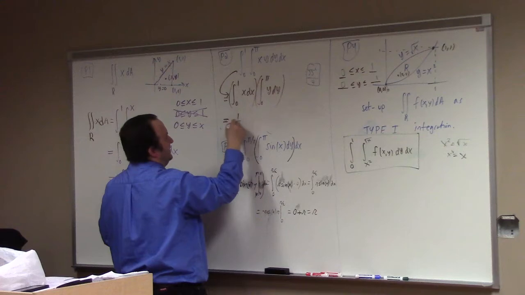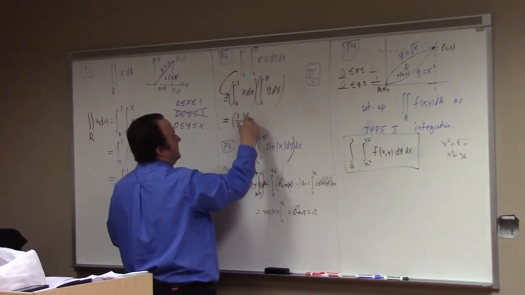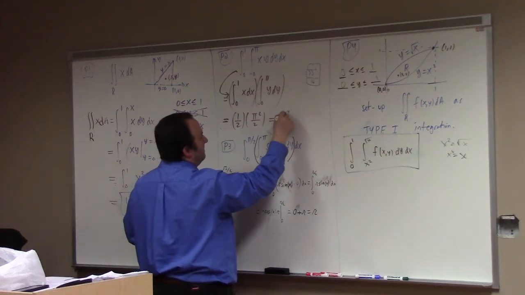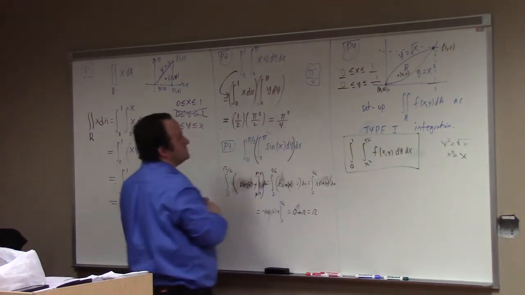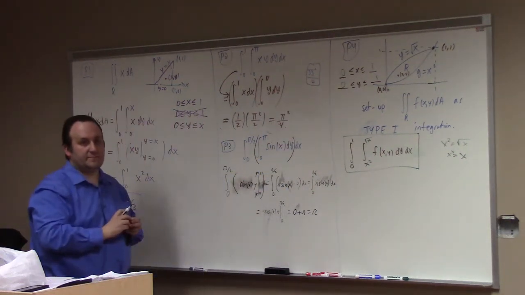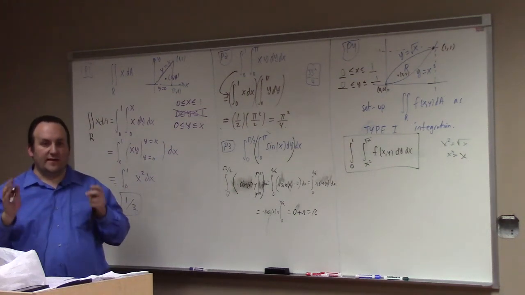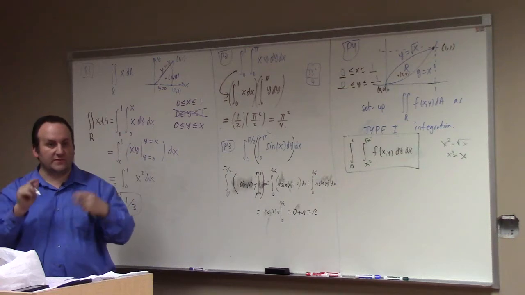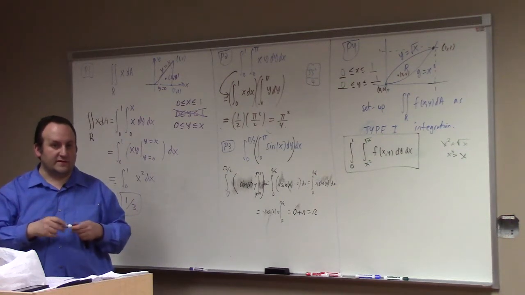Which is 1/2 and yeah, pi squared over 2. So yeah, I agree. That's a trick. If you have rectangular bounds and your integrand factors, you can rewrite the iterated integral as a product of integrals. This is a nice thing to know about.